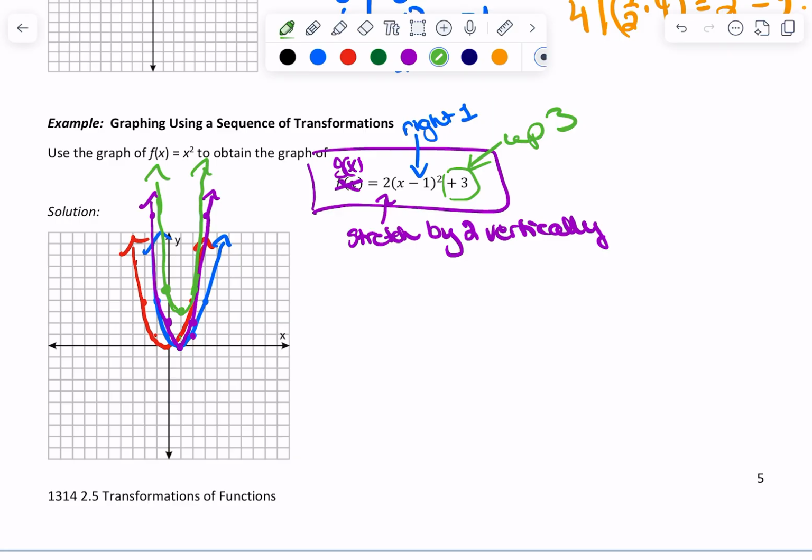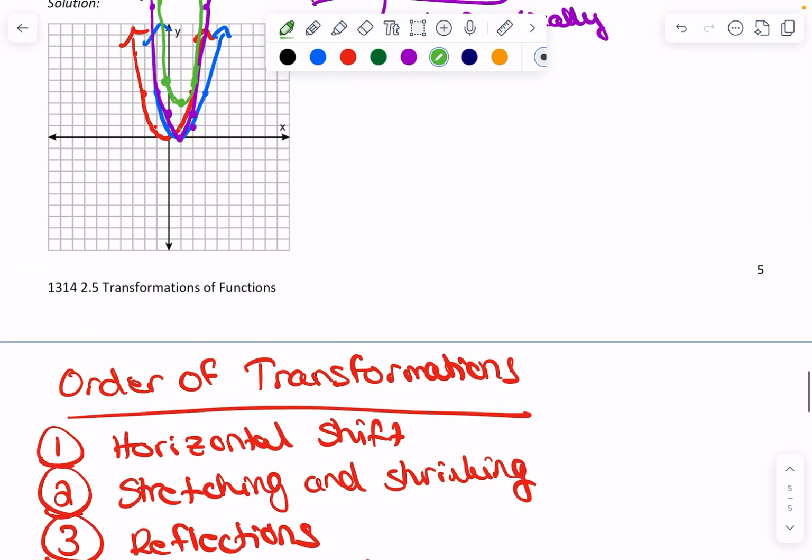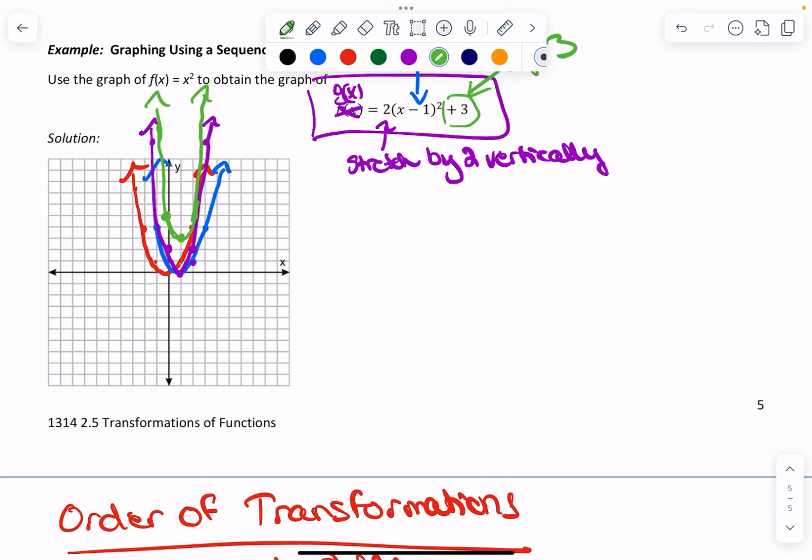It actually should be, that's what's bothering me right now, it should be the same shape. Well, no, because it does go up, so yeah. So that's your lesson on transformations. Let me know if you've got any questions about it. Bye.